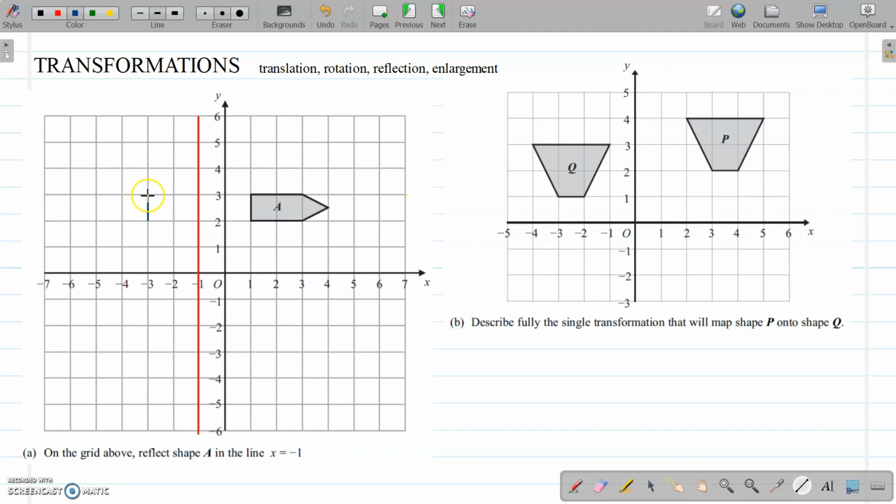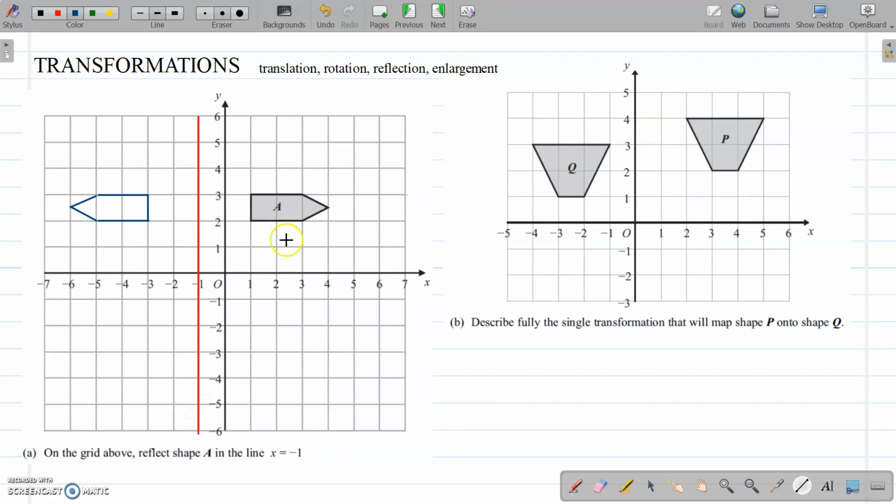And then I just extend it across here by 2 squares and underneath as well, and then bring it to a point over here, roughly in the middle of those 2 squares, and goes from there to there, and that is the shape A reflected in the line x equals -1.